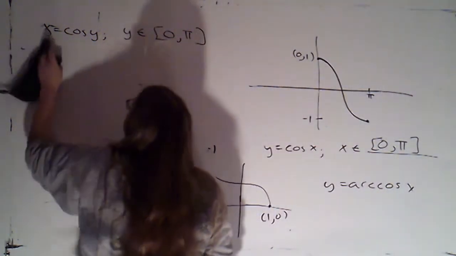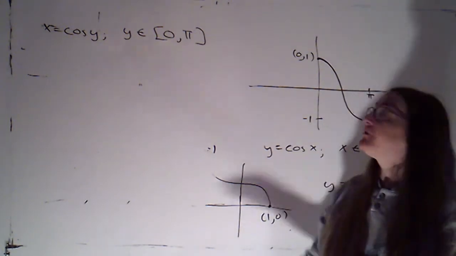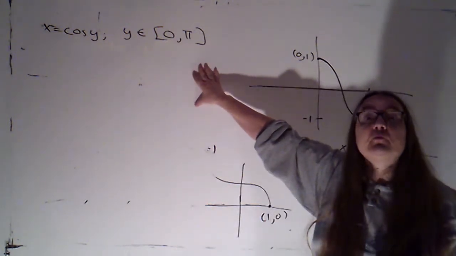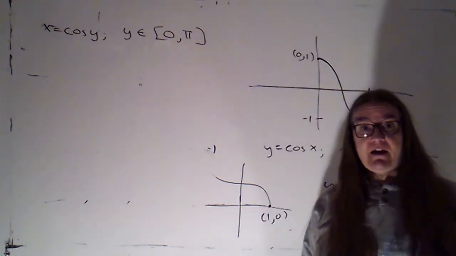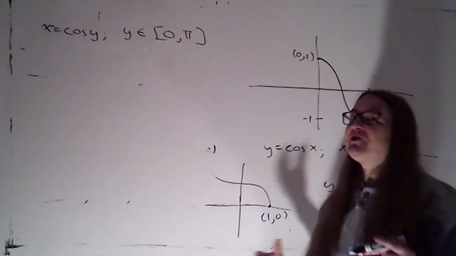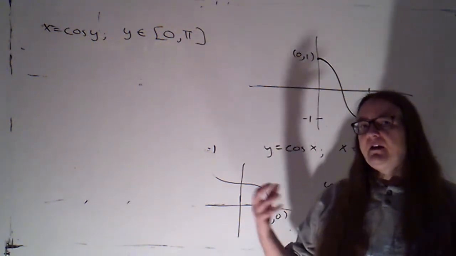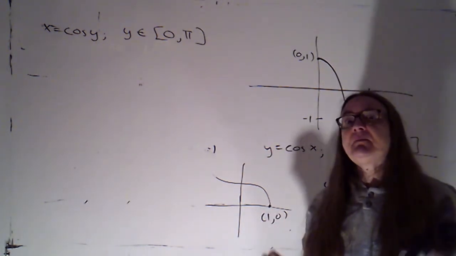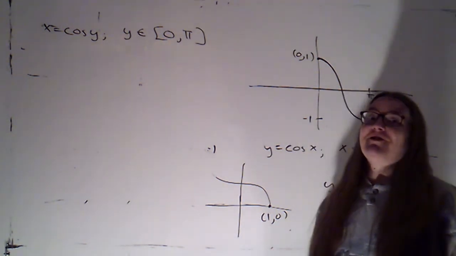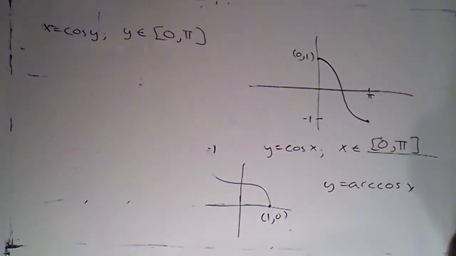So I want you to pause the video, use this description of arc cosine together with implicit differentiation to find a formula for the derivative of arc cosine. And you should be able to simplify it to the point that you're describing it just in terms of x. And just like with the derivative of arc sine, you should be able to describe it without any trig or inverse trig function showing up in your formula. Okay, pause the video and do that.